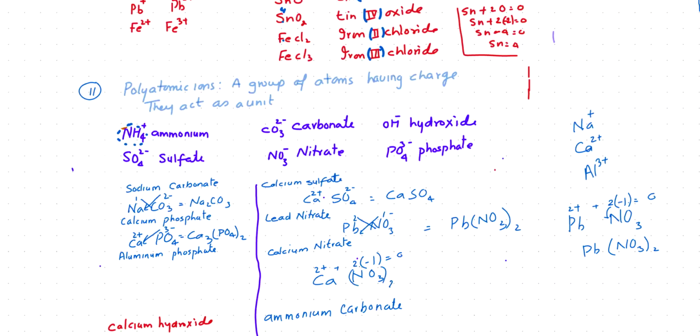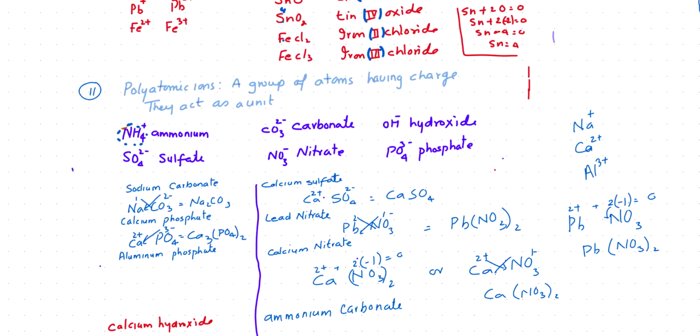Or you can also understand it like this: calcium is 2 positive, nitrate is 1 negative. So 1 multiplies to calcium, just calcium, and 2 multiplies to nitrate, so nitrate in the bracket twice. So we get the same formula, but we are making the charges equal 0. That's why we multiply nitrate by 2.